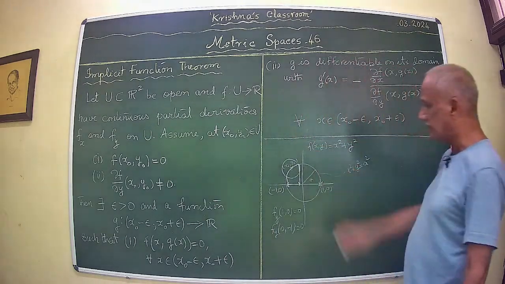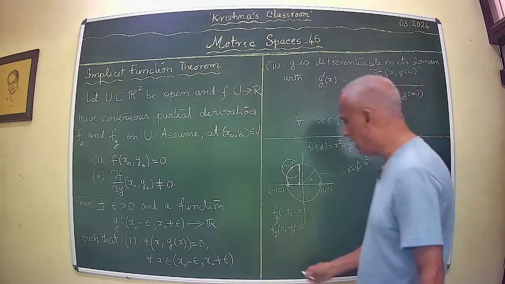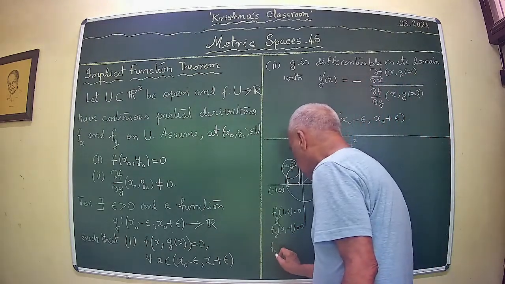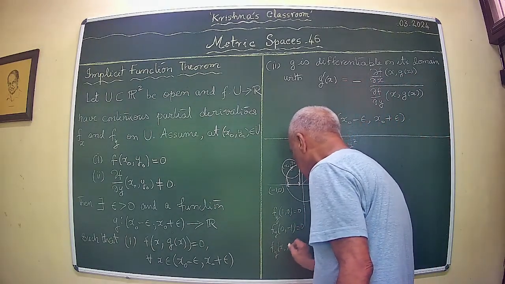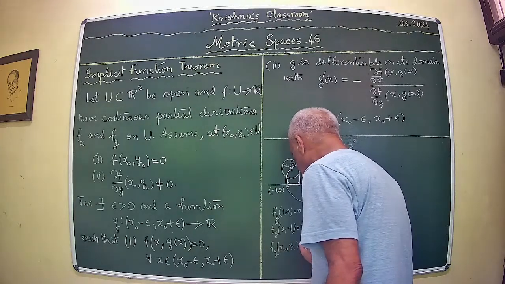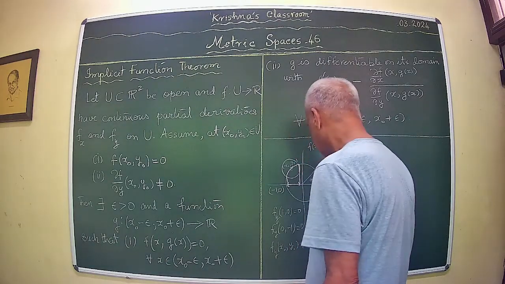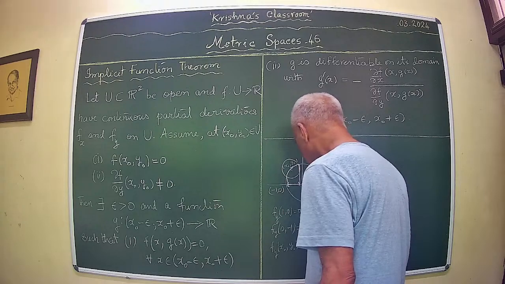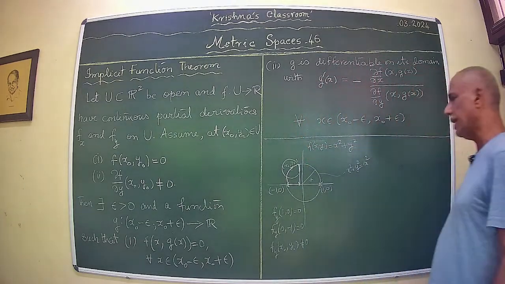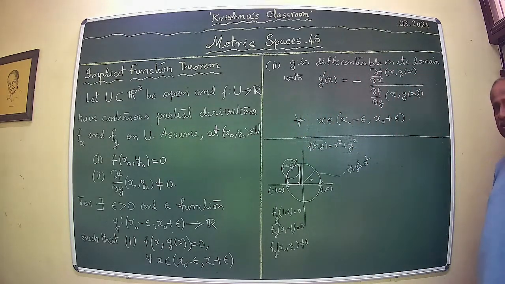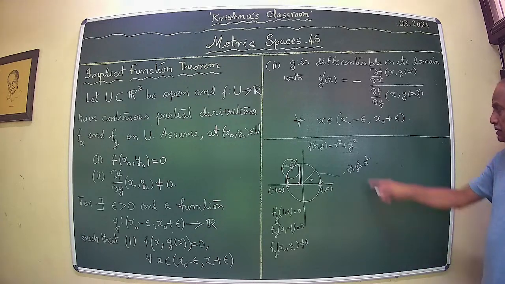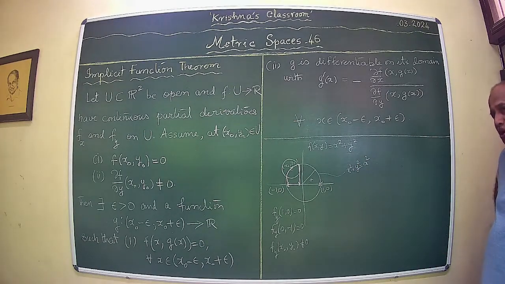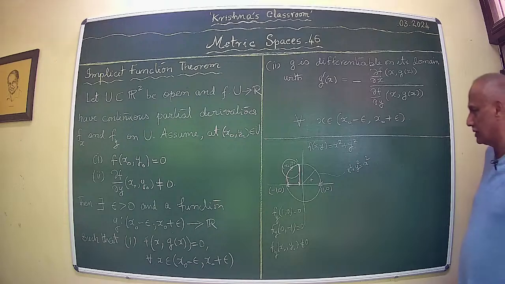And what it says is this: if Fy at (x naught, y naught) is not equal to 0, then there is some neighborhood of the point x naught in which the equation x square plus y square equal to a square can be solved in the form y equal to y as a function of x.